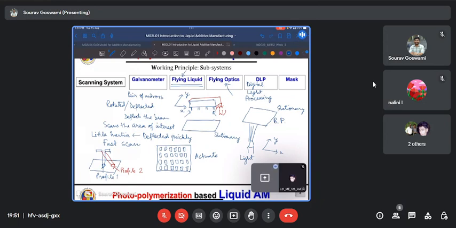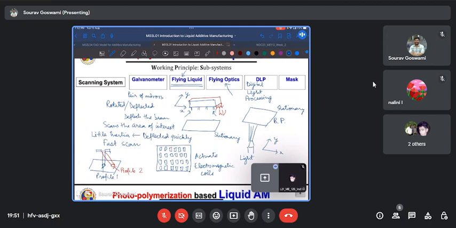By utilizing electromagnetic coils, each individual mirror can be actuated. Again, the resolution of your final print will depend on the pixel size. Pixel size in this case will be commensurate to the size of each individual mirror in this mirror array, and it can give you very accurate prints.